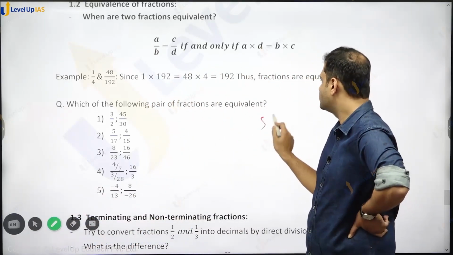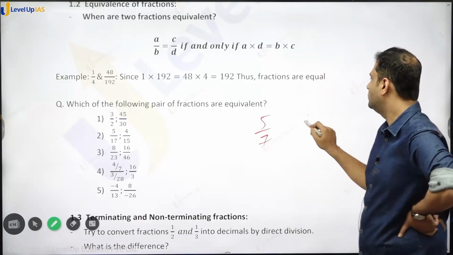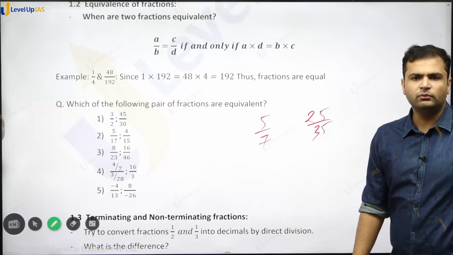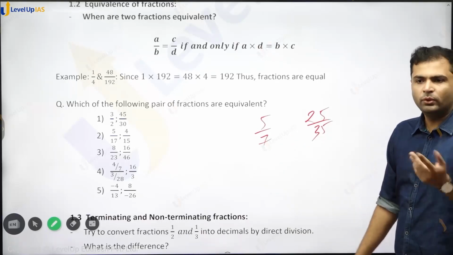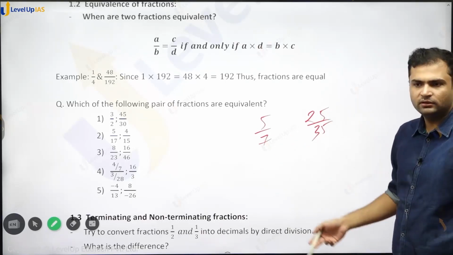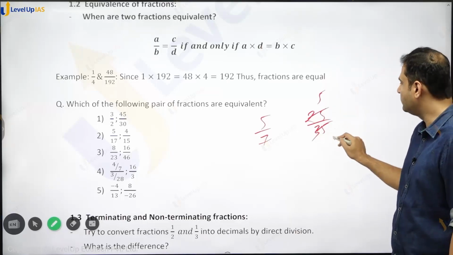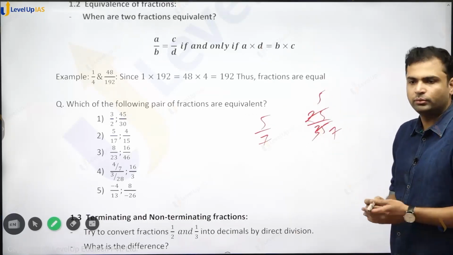If we have, let us say, 5 by 7 and we have 25 by 35, we want to comment on whether these two are equal or not. One way is you divide by the same number, you reduce it, divide by 5, it remains 5, it remains 7, and you get equivalence, no problem.